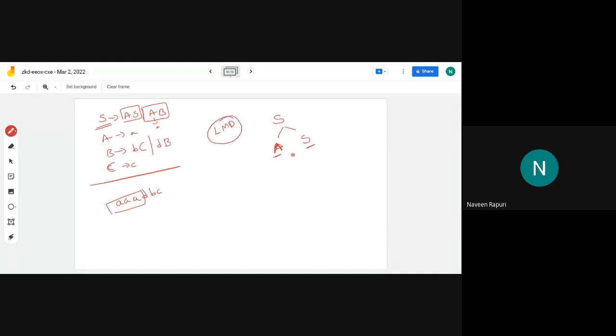So here capital A is reduced as small a, and there is no leftmost non-terminal here, so I am moving to the S. S means again A B. Here the leftmost non-terminal is capital A, so that's why I am placing A, because I need to read a.